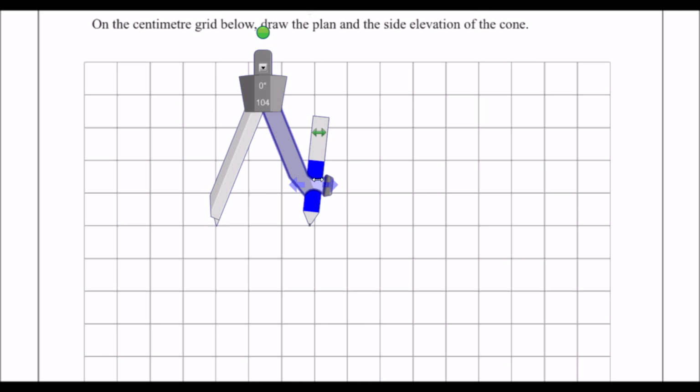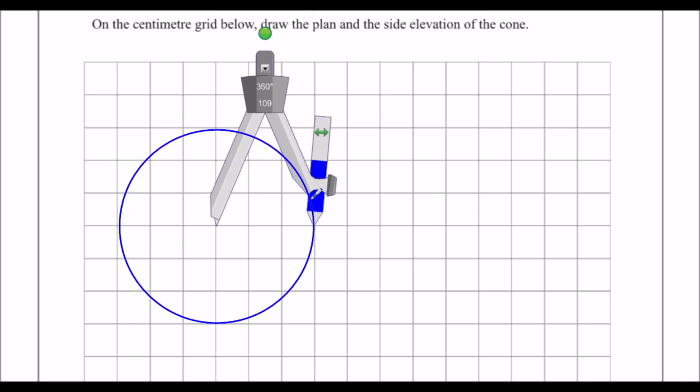I'm going to extend it out for 3 centimeters and draw around. So draw a circle with a radius of 3 centimeters. I've slightly missed a line, but that should be okay. Being very, very slightly off will be okay.